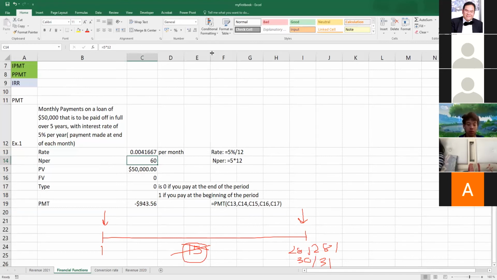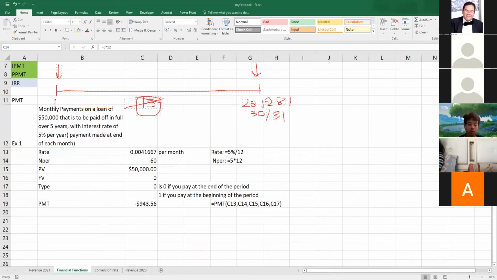After that, apart from payment per month, if you say that you want to pay it quarterly, there will be two possible ways that you can pay as well. The first one, you pay at the beginning of the quarter.